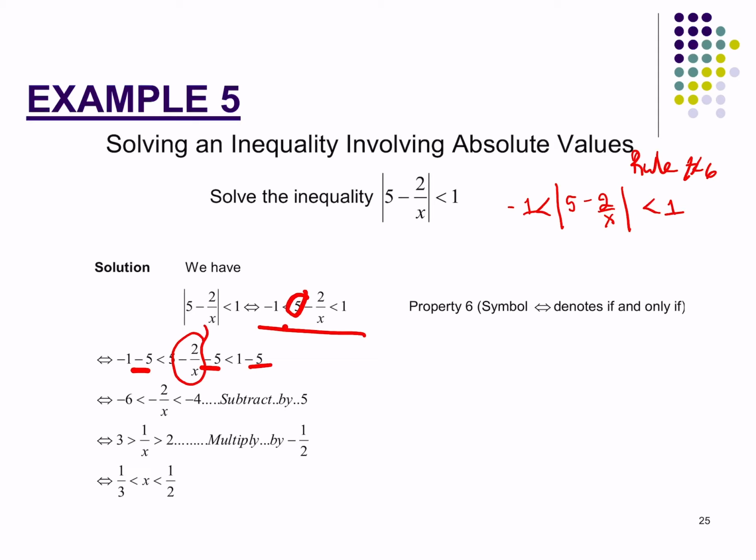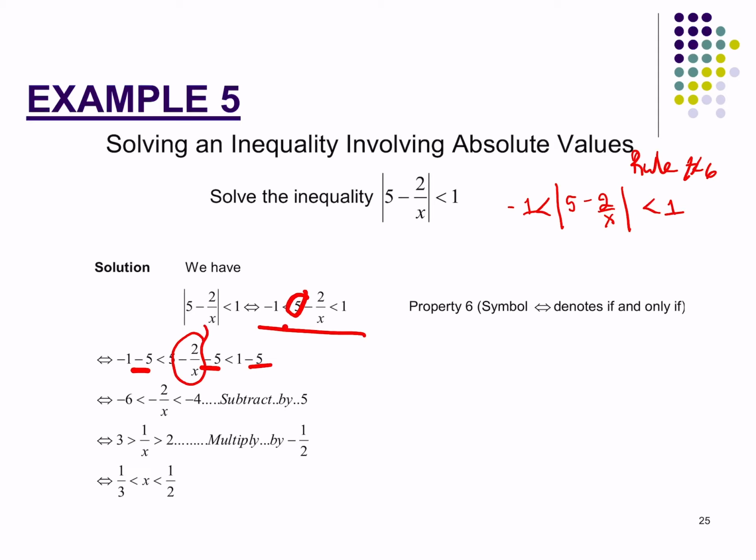And 1 minus 5 becomes minus 4. So that is the interval after you subtract 5 from all sides, to remove the number 5 in the middle term.